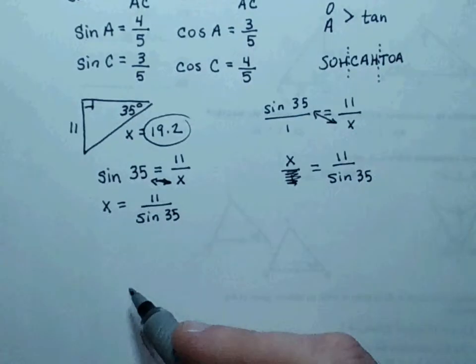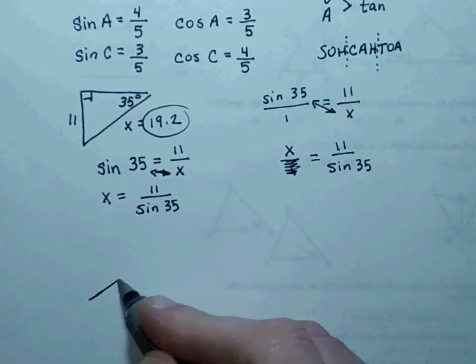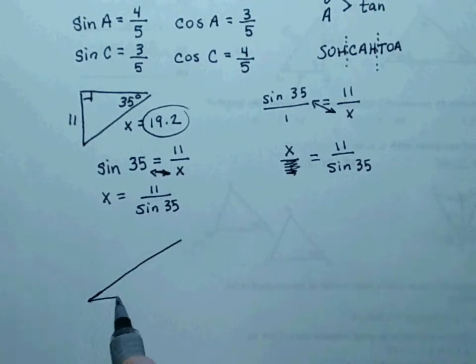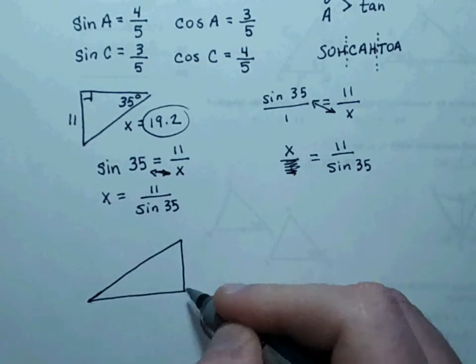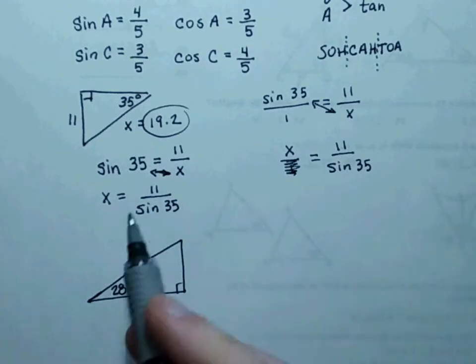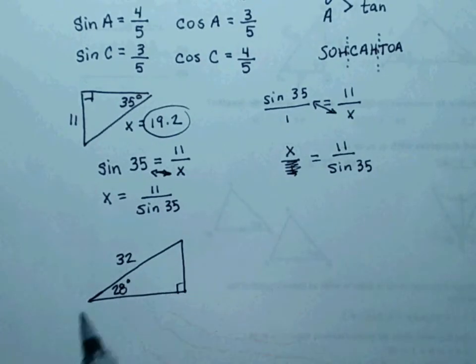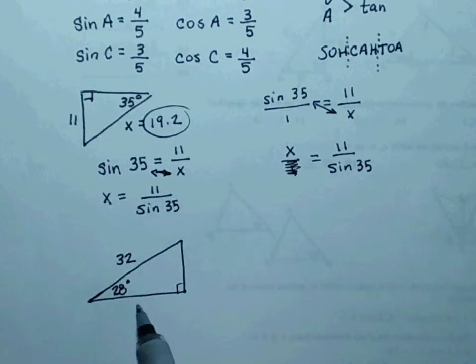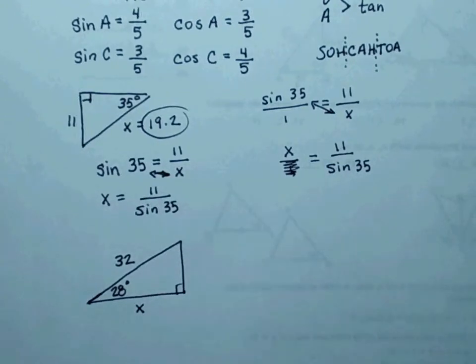Let's scoot down. Let's draw another triangle. Say this angle is 28 degrees. It's 32. And we want to find x. Alright?